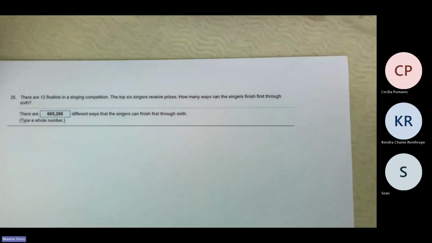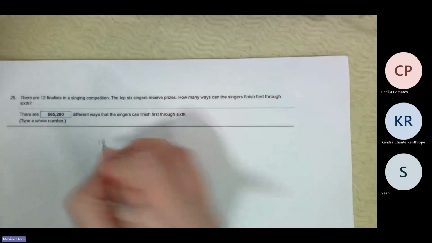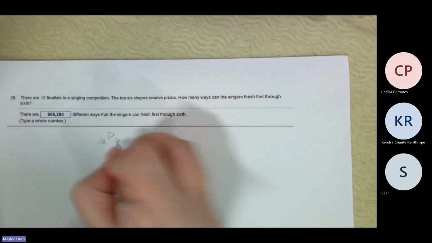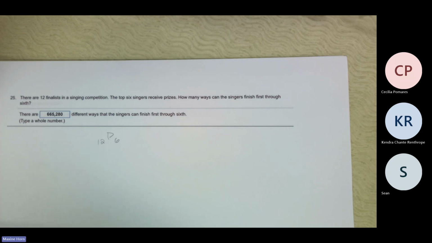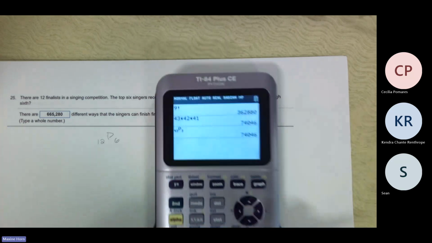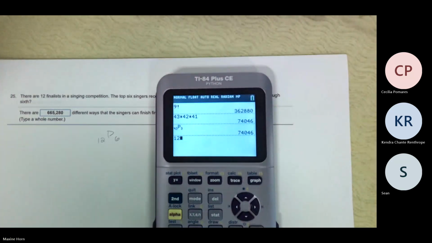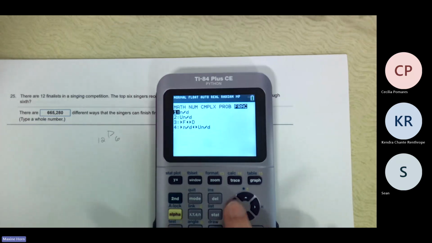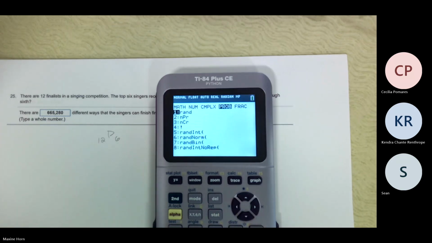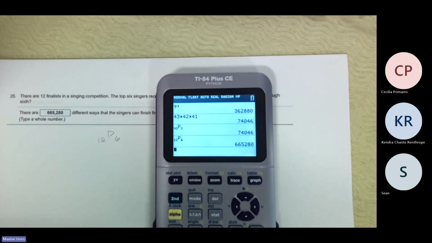Okay, 25. There are 12 finalists in a singing competition. Top 6 singers receive prizes. How many ways can the singers finish first through 6th? So order matters. There are 12 finalists and the order matters, and we're choosing 6 of them. So when we plug that into the calculator, again, you go 12, then you're going to go math, arrow over to probability, and select nPr, and you plug in how many of them you're choosing, right?